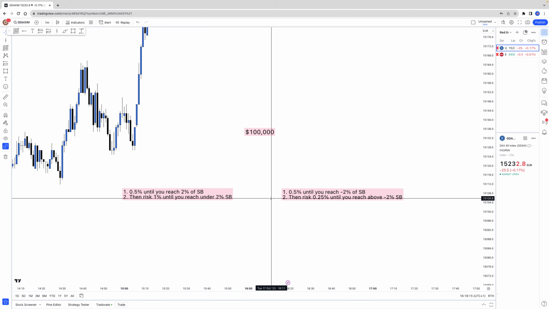Think about it. However, if you risk 0.5%, you have six chances before you blow the account. I can't do maths, bro. 16 sounded crazy in my head. My bad, I apologize. But you have six chances before you blow the account.